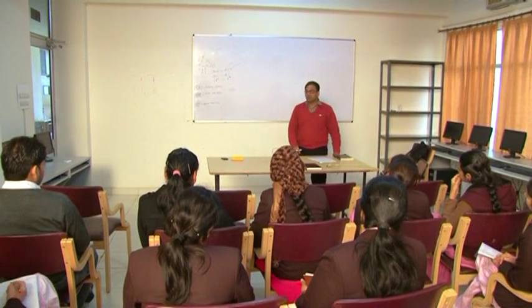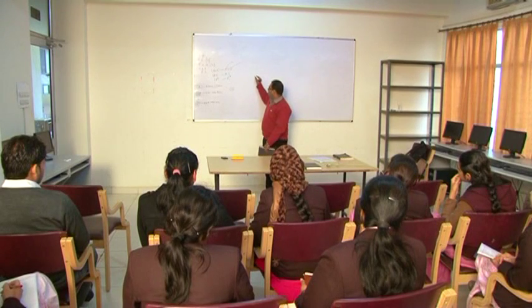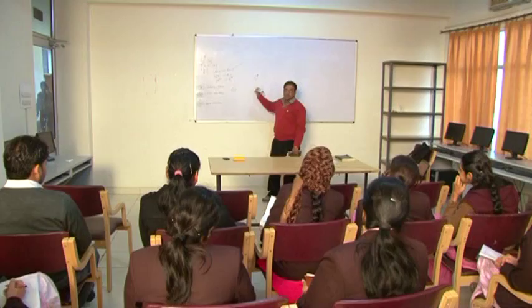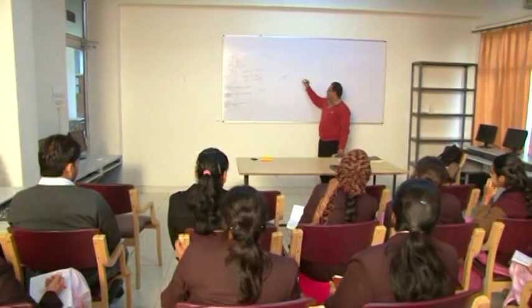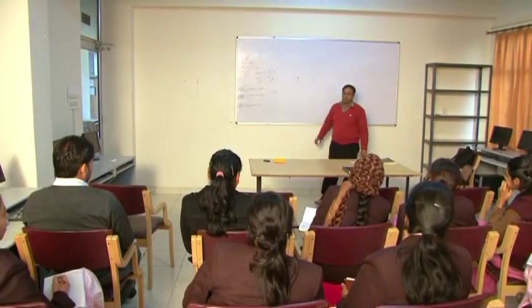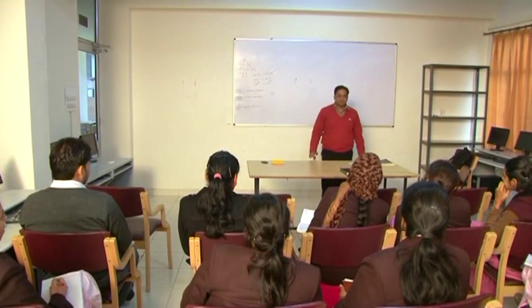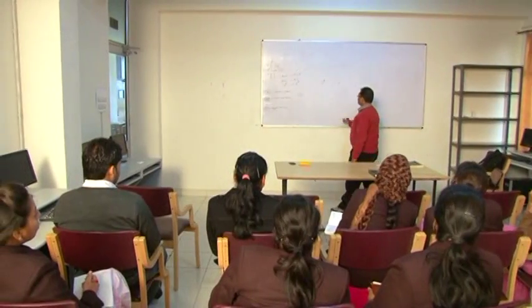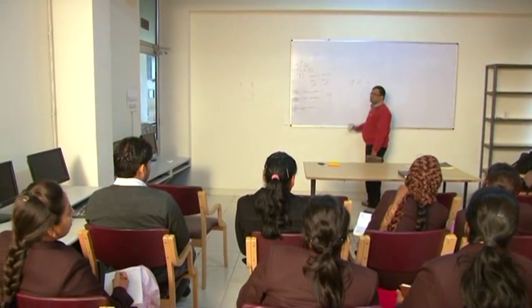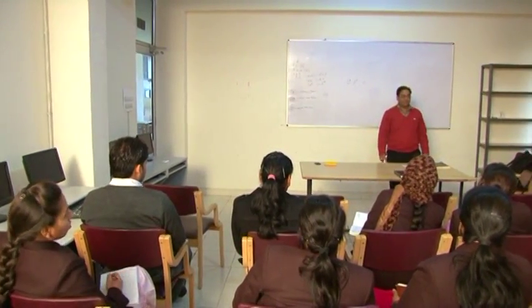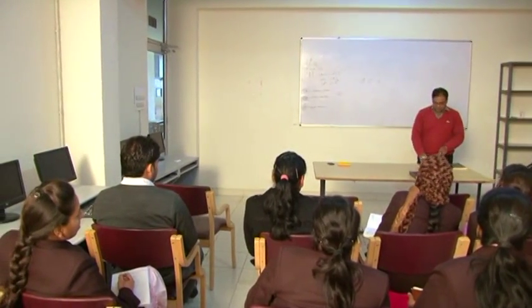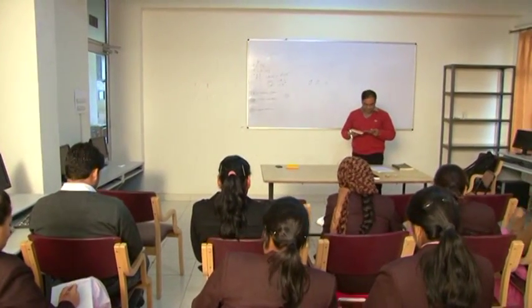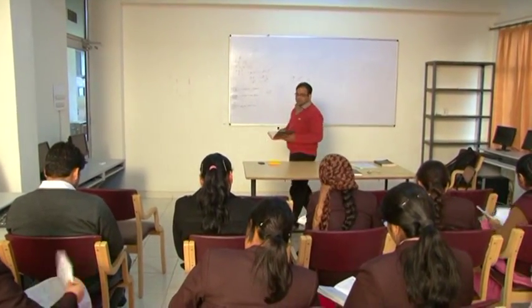Asterisk sign, 0, then 0 asterisk sign, 0, 0, 0, next. Ajay? 0 plus, also 0 plus. So read point 3 in your notebooks.